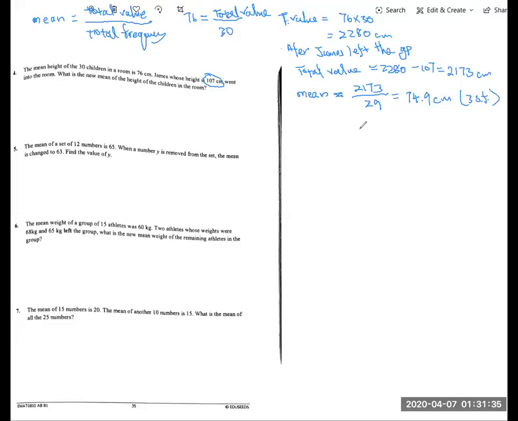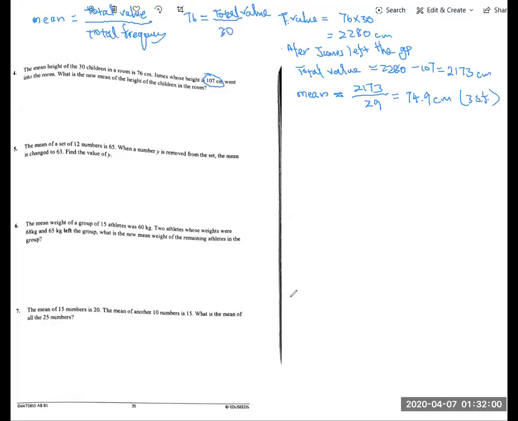Okay, now we're going to look at another question over here. In this question, the mean of 15 students is 20. So basically, we come at the same one. The total value is the mean times the total frequency.